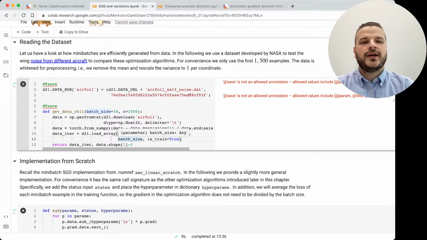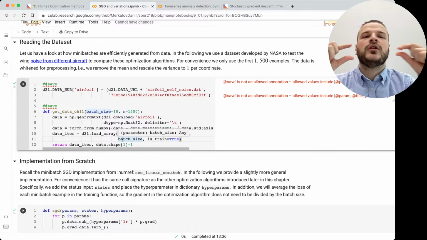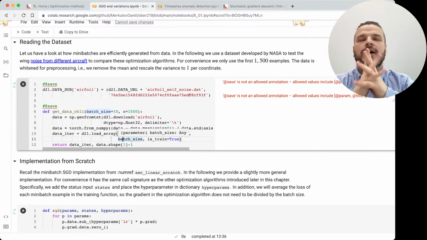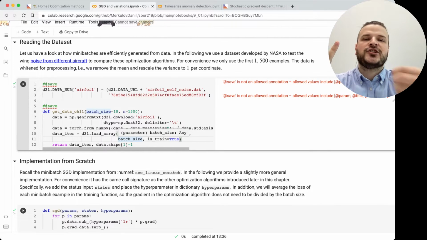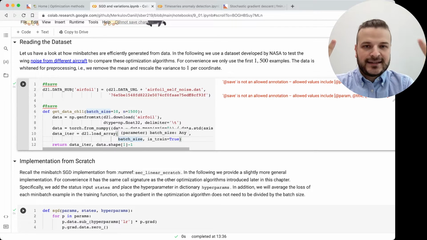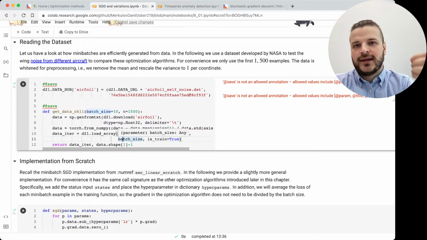Why so? Because the number of iterations in a single epoch will be smaller. If you have, for example, 1000 points in the data set, and first you have batch size equal to 10, it requires 100 SGD steps, and in the second case you have batch size equal to 100, and it requires 10 SGD steps.